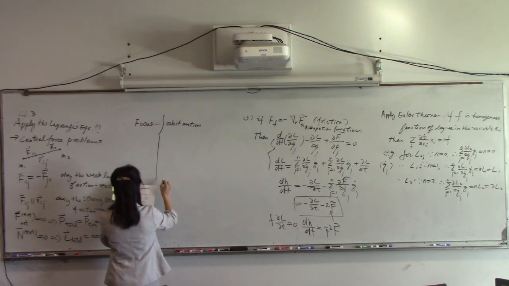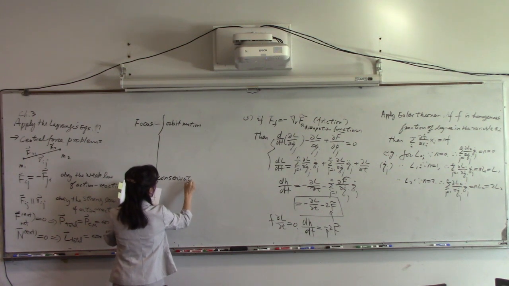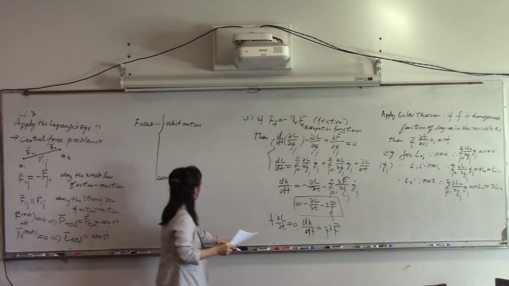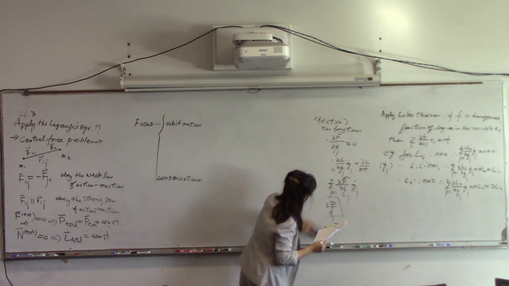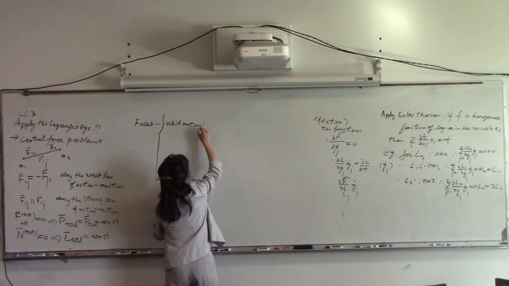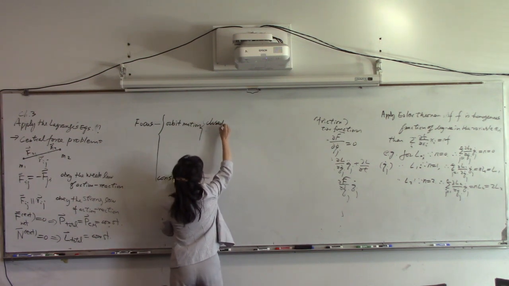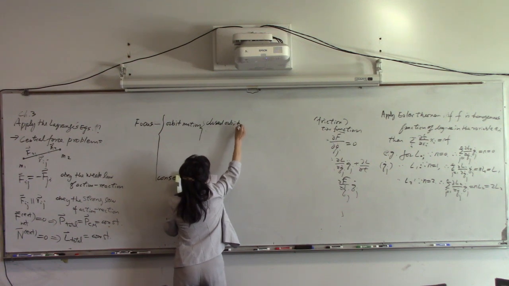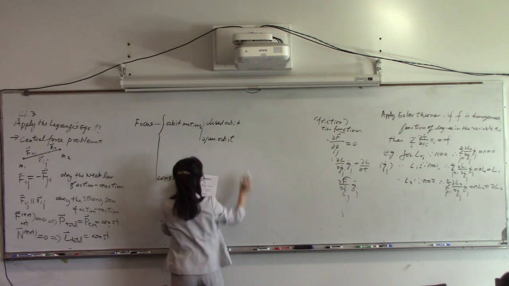Second one is, how about the conservation? Are the physical quantities conserved or not during the motion, right? So these two categories, and for the orbit, we have the details. Either a closed orbit or an open orbit, right?